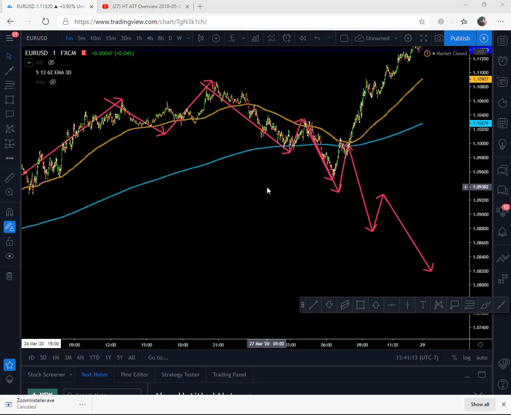And now we are going to go into the INS harmonic targets and how I've been using this specific INS.